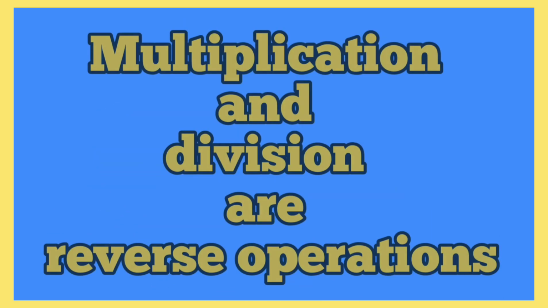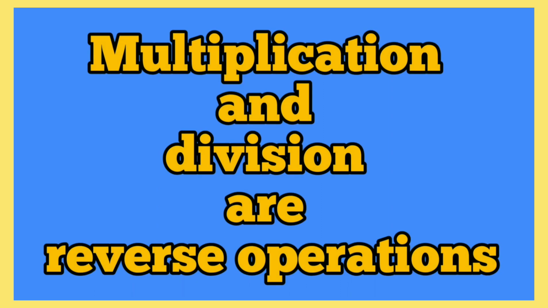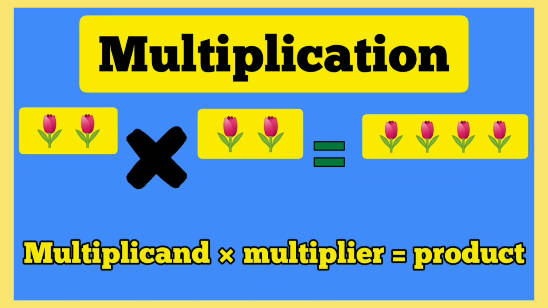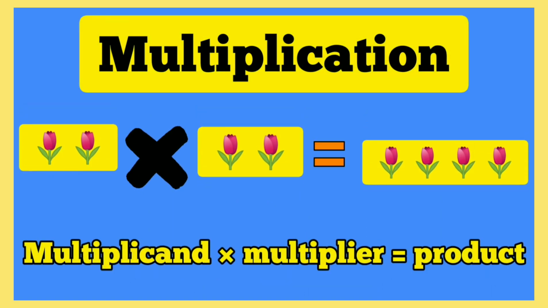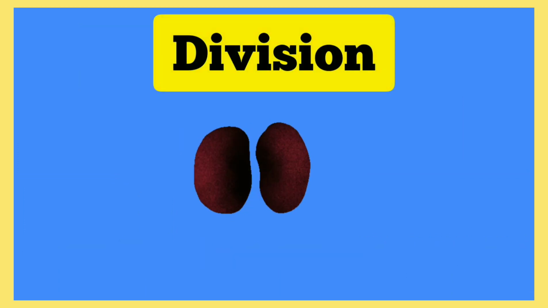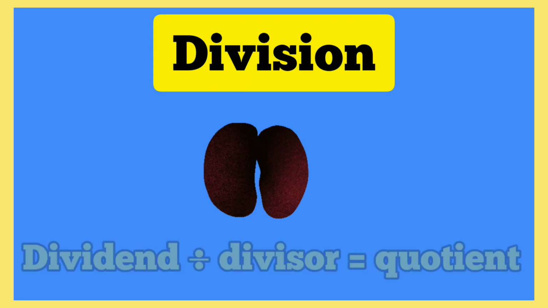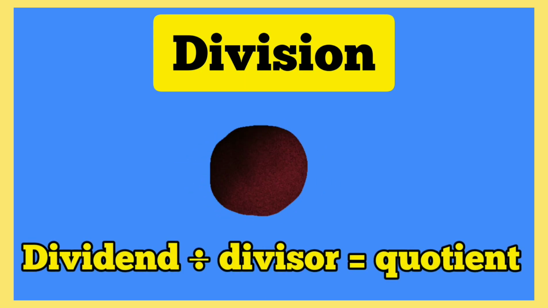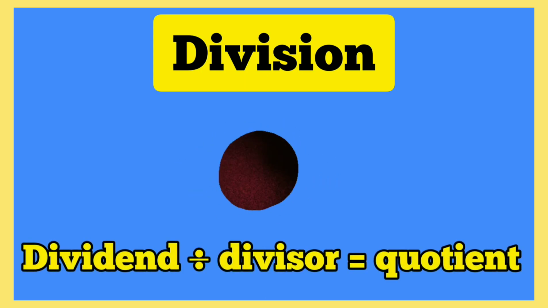Children, we already learnt that multiplication and division are reverse operations. In multiplication, we will find the total number of things, objects, etc. In division, we will share the things, objects, etc. from the total.